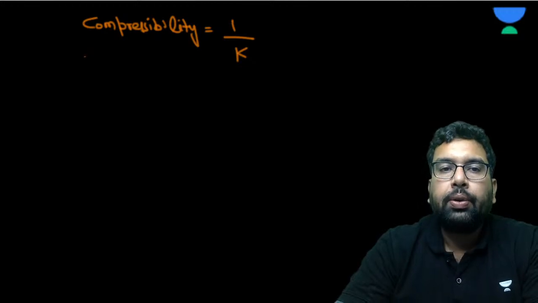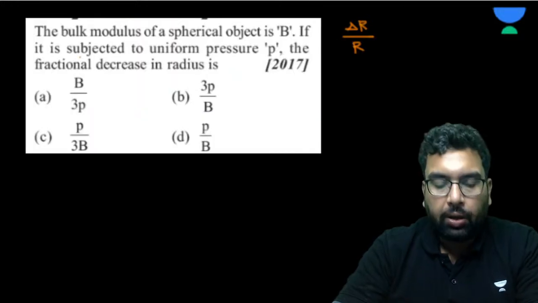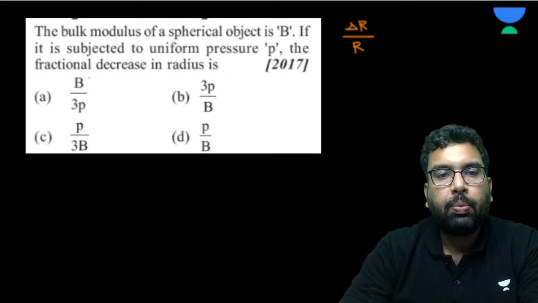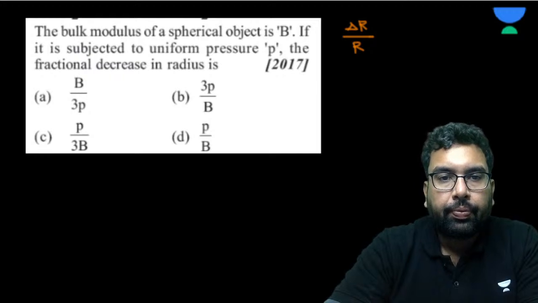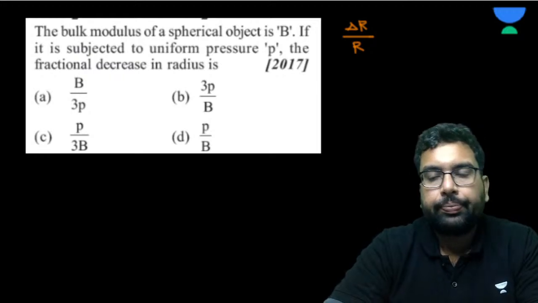So compressibility is the reciprocal of the bulk modulus. Are you getting my point? Please do it.